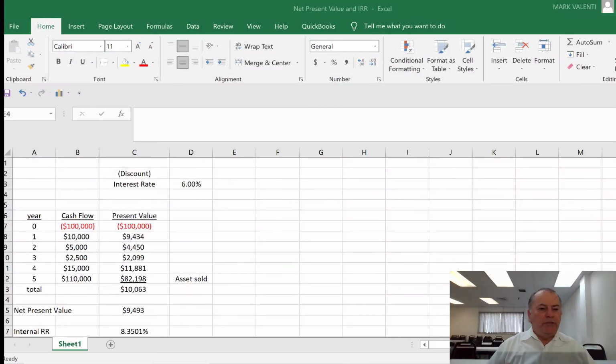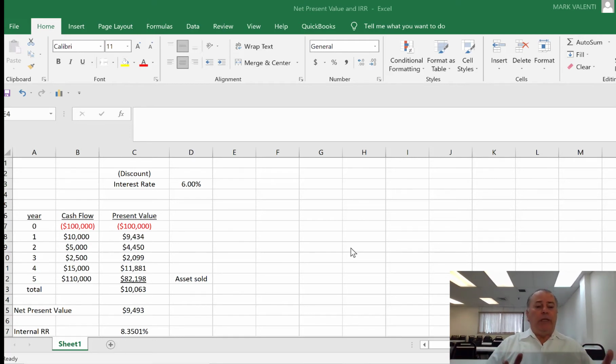I'm going to give you an example of exactly what I'm talking about. So let's try to make a little more sense of this calculation. This is an example. I'm hoping it will further explain the calculation of internal rate of return.